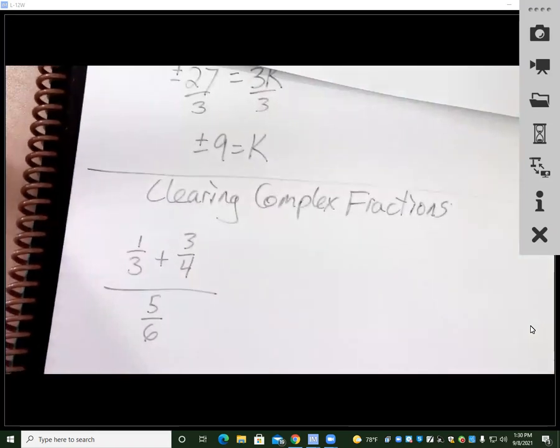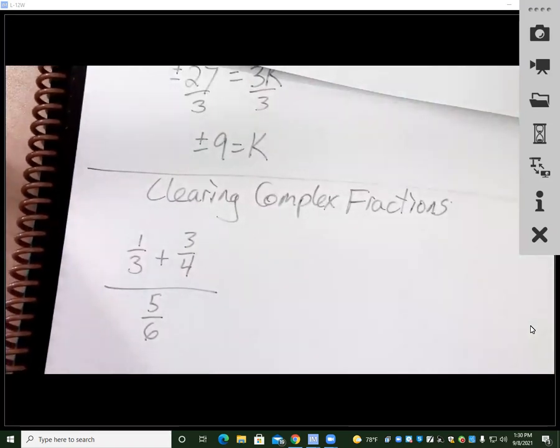If we follow the handy dandy steps, number one says find a common denominator between all of the little fractions. So if I look at all of my little fractions and their denominators, I have 3, 4, and 6. Everybody see where I'm finding these numbers from? So what would the common denominator be for 3, 4, and 6? 12. That's my magic number.